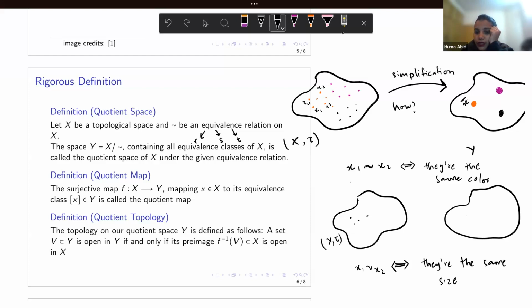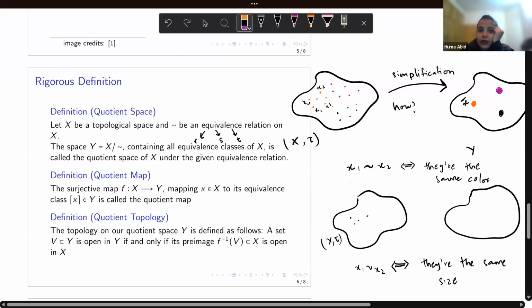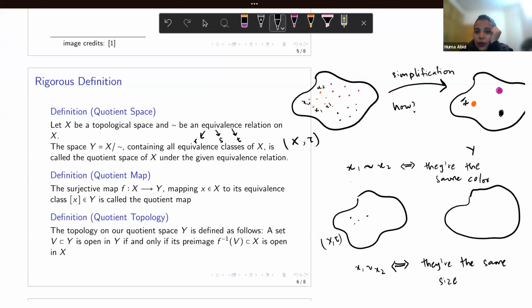It will look different, because now maybe you have all the orange points of one particular size, and then of another particular size, and all the pink ones of one particular size. And maybe different colors also have the same size, right? So for example, one orange and one pink are the same size, so then you no longer can use color to represent your equivalence classes.